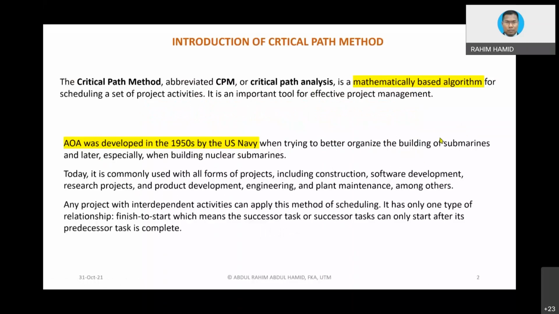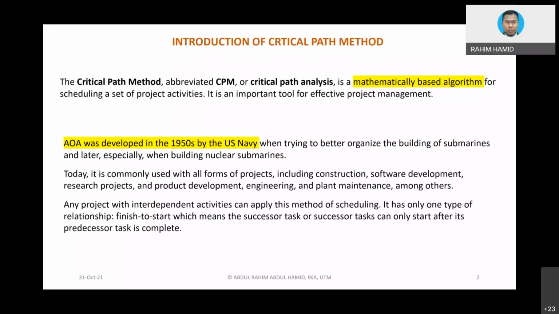Okay, we already mentioned the critical path method. Critical path method is the calculation method in order to generate critical activities and critical paths, and then we can calculate total float and free float so that we can understand better the relationship between one activity and another.